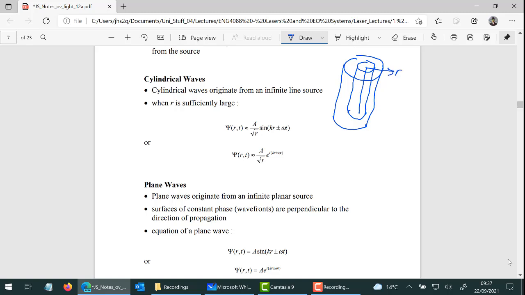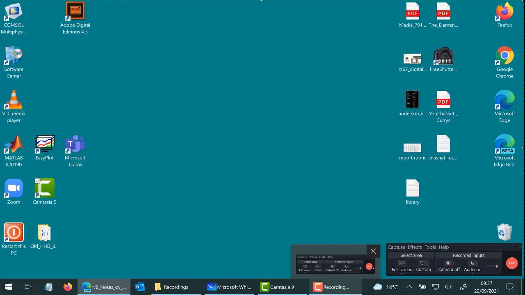And again, as we get further and further away, the surface area will be larger, and that means that the effective amplitude of the wave will decrease as a function of r, and in this case it goes with 1 over the square root of the radius. Okay. And once again we can write this as a sine wave or as a complex wave.